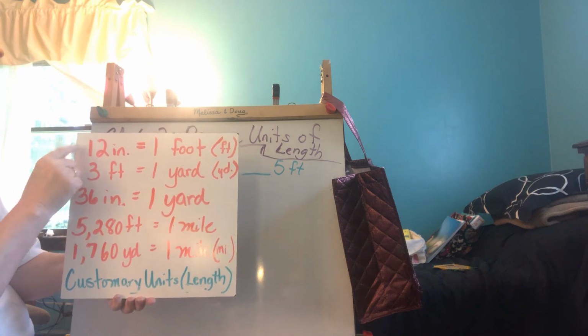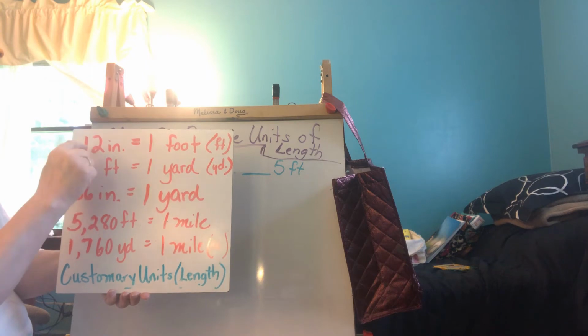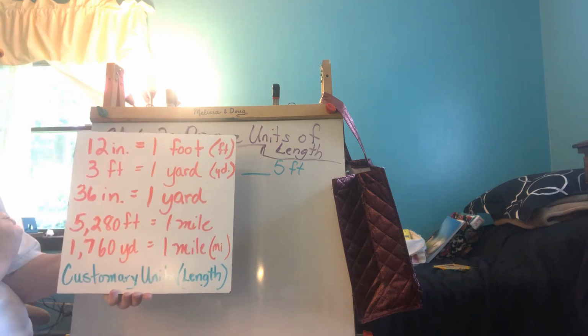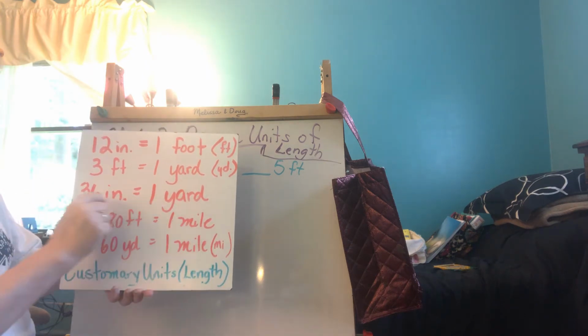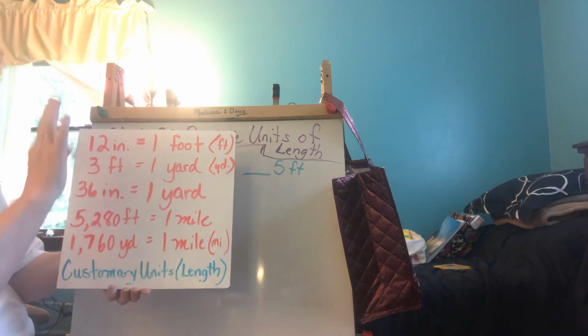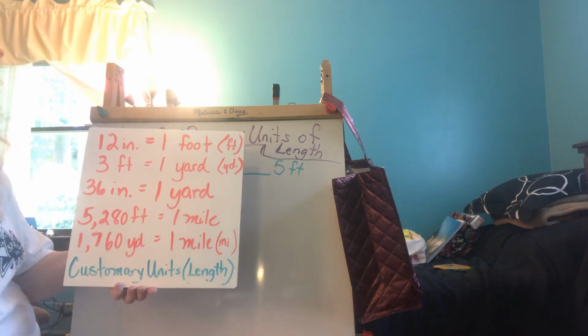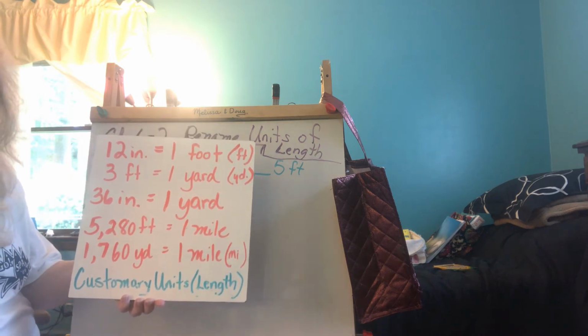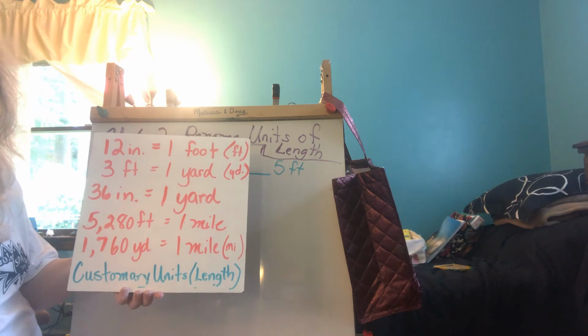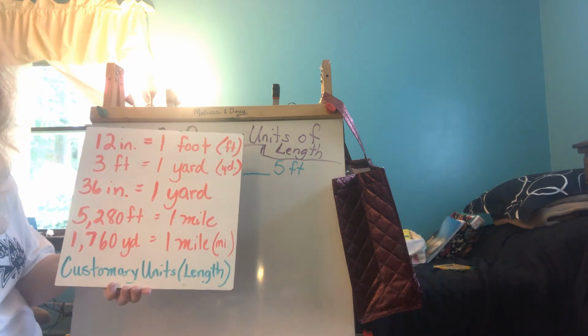There's 12 inches in 1 foot, and there's 3 feet in a yard, so 3 times 12 is 36 inches. Okay, so a yard has 36 inches, or a yard could also be called 3 feet. Those are all 36 inches, 3 feet, 1 yard are 3 different names for the exact same unit of measure. Okay, they measure the exact same distance.